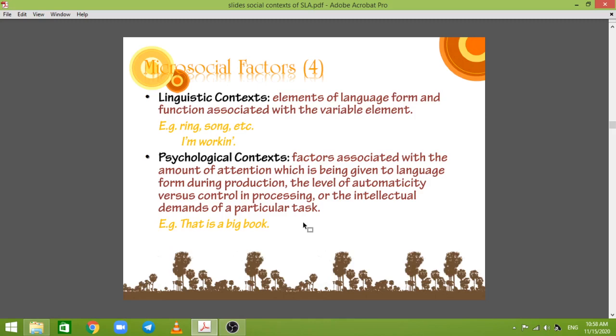Like this one, in case you apply it in the context of a writing skill class, or in any formal situation, you would say that is a big book. For this one, it is related to your high attention to the language that you produce as your production, and you try to automatically control your language output with the formal setting.